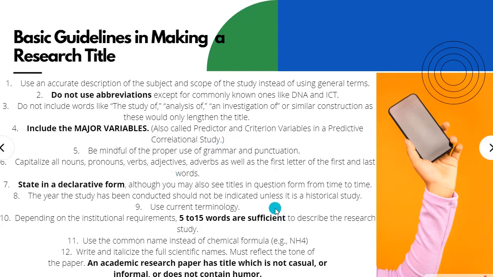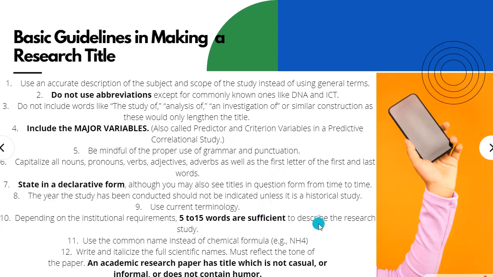All right. So again, do not use abbreviations. State it in a declarative form. Five to fifteen words are sufficient in a title. And don't forget to include in the title your respondents and your major variables, which are non-experimental variables.